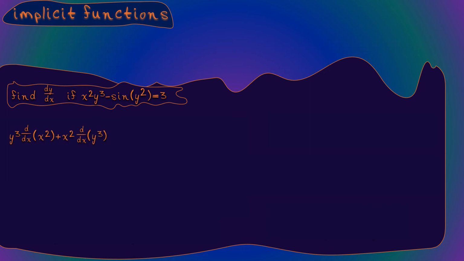So the derivative of x squared times y cubed plus x squared times the derivative of y cubed. The second term is going to be a chain rule. So we're going to have the derivative of sine of y squared times the derivative of the inside, which is the derivative of y squared, is equal to the derivative of 3.